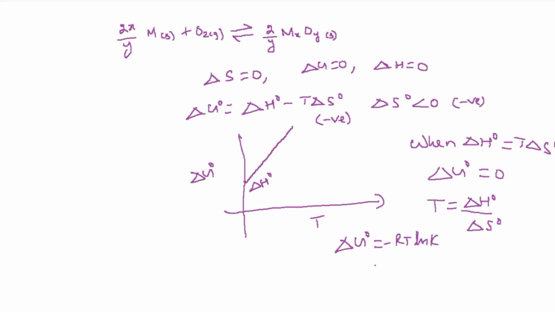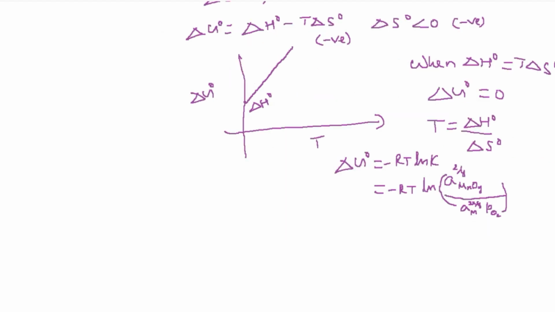Here, minus RT log, on the product side we have metal oxide, so activity of metal oxide power 2 by Y, divided by activity of metal power 2x by Y into partial pressure of oxygen.